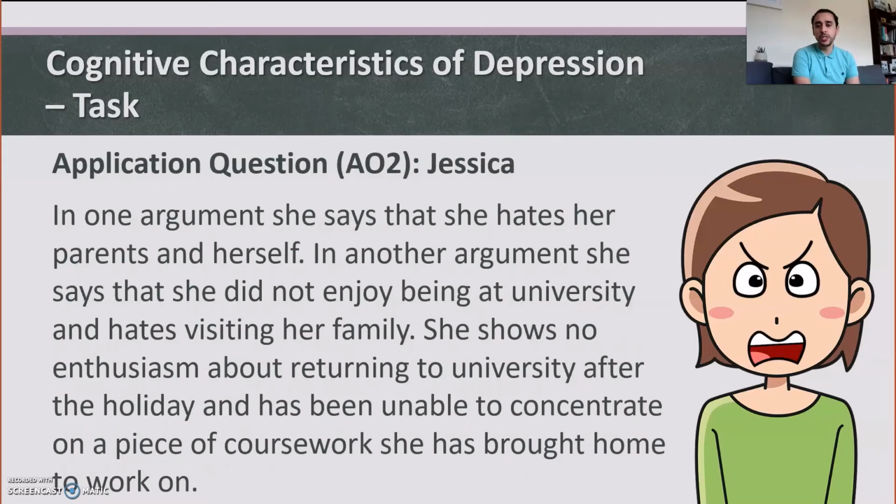In one argument, she says that she hates her parents and herself. In another argument, she says that she did not enjoy being at university and hates visiting her family. She shows no enthusiasm about returning to university after the holiday and has been unable to concentrate on a piece of coursework she has brought home to work on.